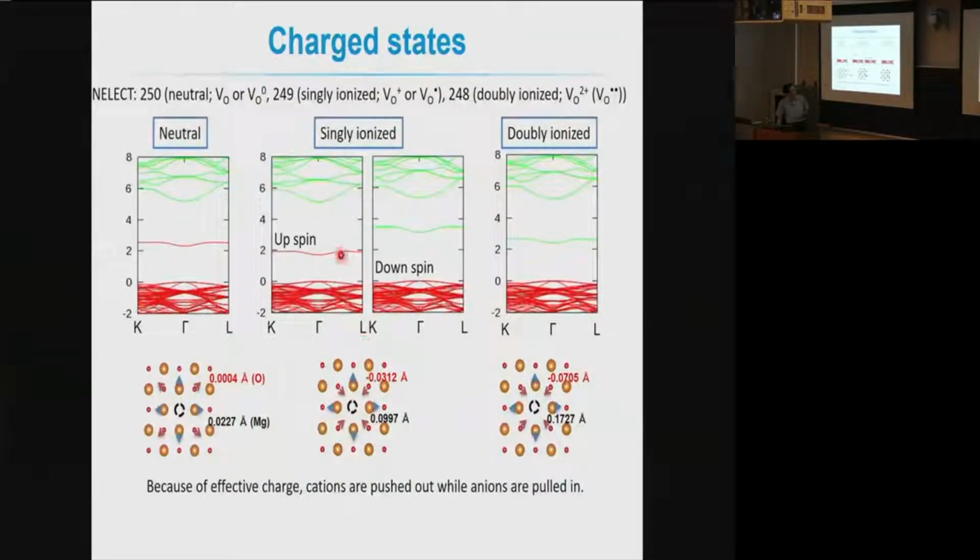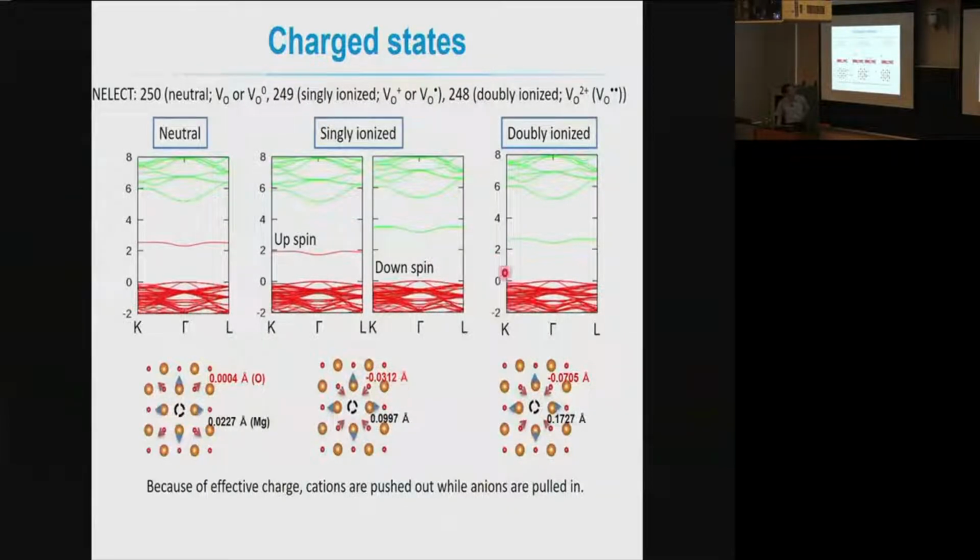But in the singly ionized case, you can see that the first shell, the magnesium atoms, relax outward by as much as 0.1 angstrom, which is quite significant on the atomic scale. And the second shell, oxygen, relaxes inward, toward the oxygen vacancy, by 0.03 angstrom.